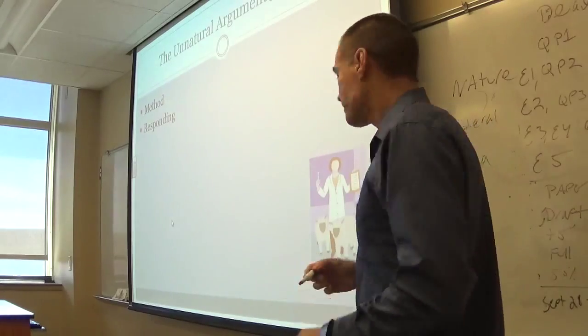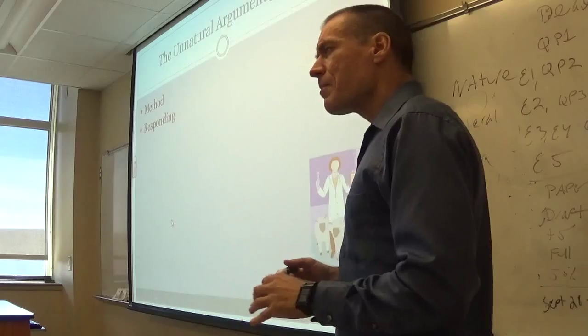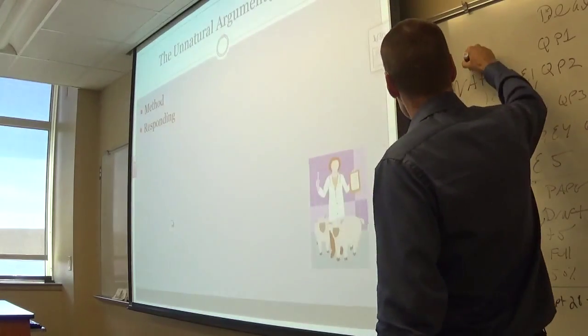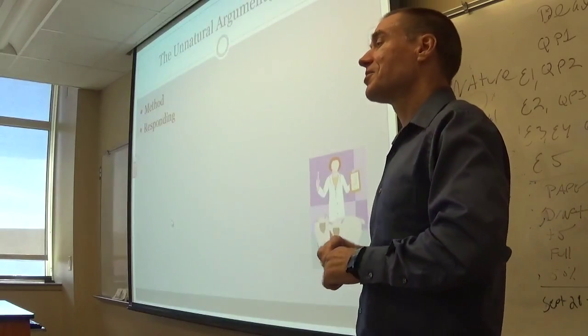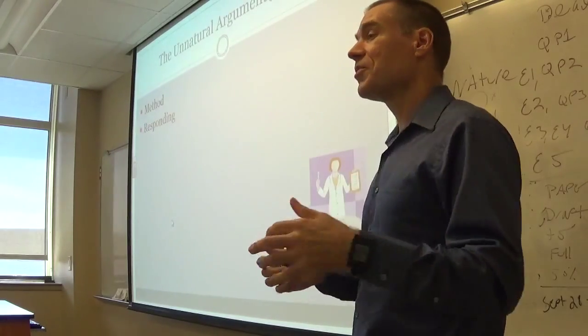Now, fortunately, going back to applying a moral theory, some dead philosophers have done the heavy lifting for us. Suppose you want to use the unnatural argument. You want to argue that something is outside of nature, so we shouldn't be doing it. Who can you call?